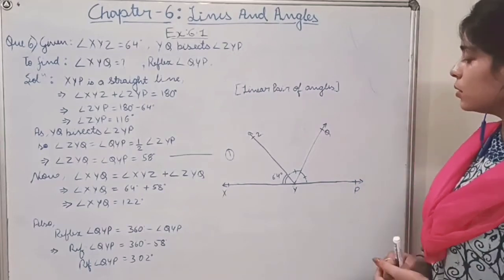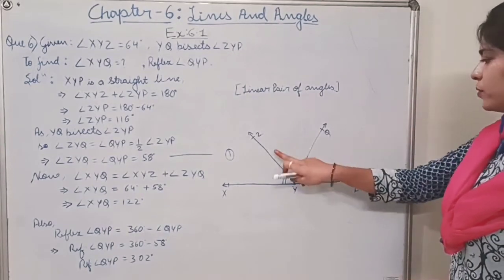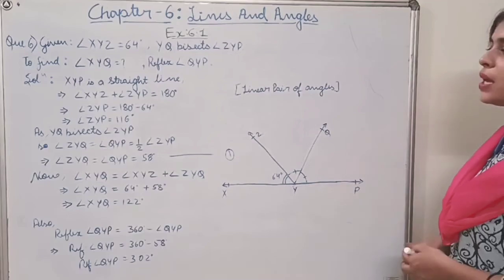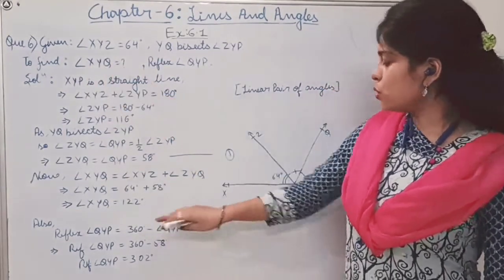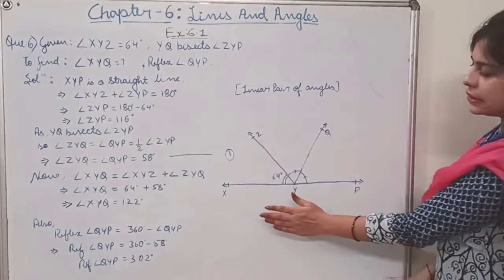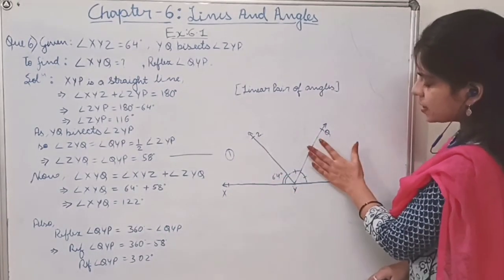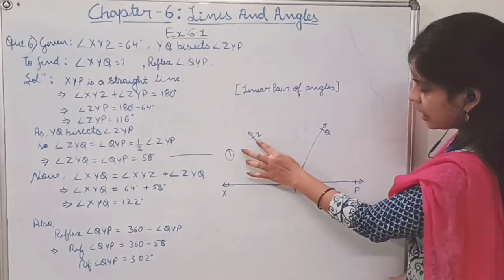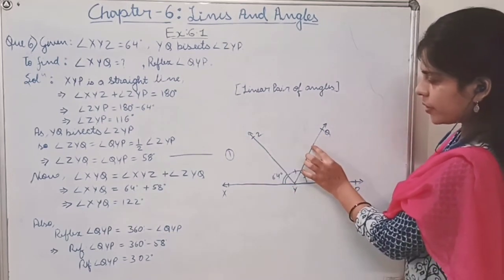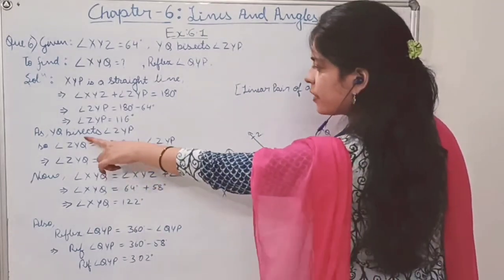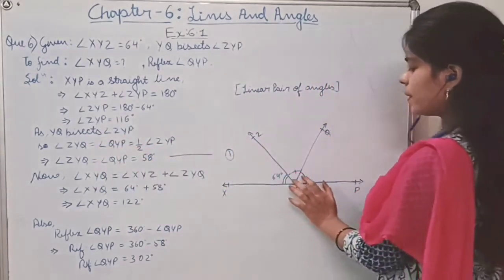Now we have to find XYQ. Clearly from the figure we can see that XYQ is the sum of XYZ and ZYQ. We have found ZYQ is 58.